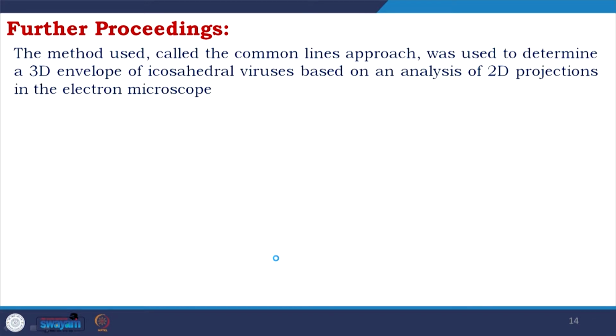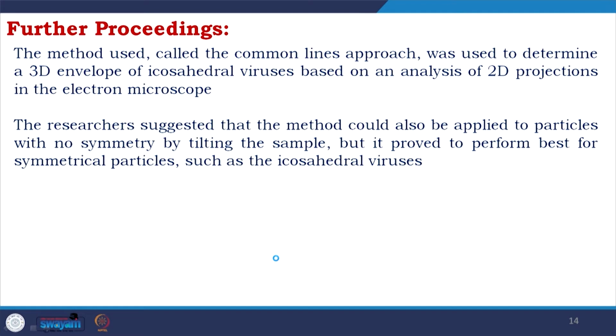The method they used, called the common line approach, was used to determine a 3D envelope of icosahedral viruses based on an analysis of 2D projections in the electron microscope. The researchers suggested that the method could also be applied to particles with no symmetry by tilting the sample, but it proved to perform best for symmetrical particles such as the icosahedral virus, which maintains amazing symmetry in the structure.